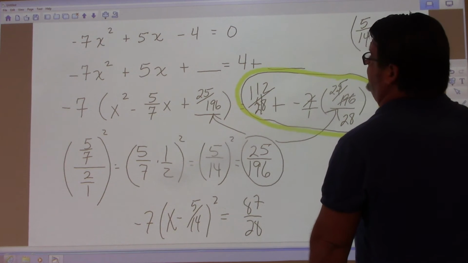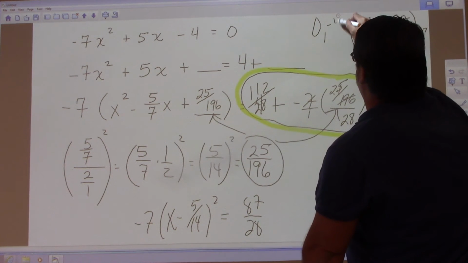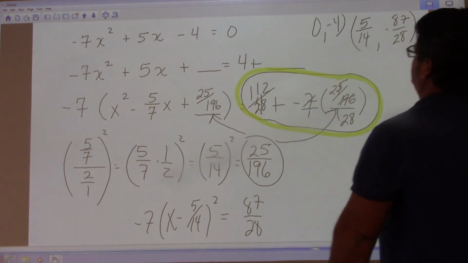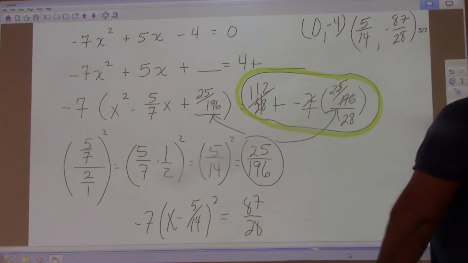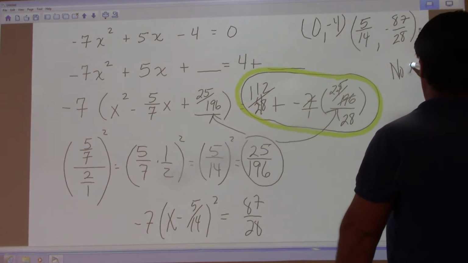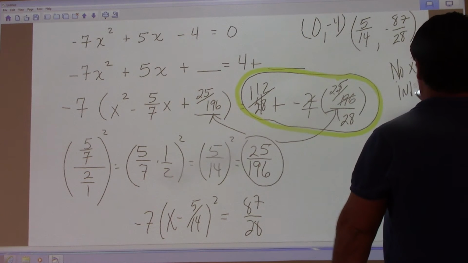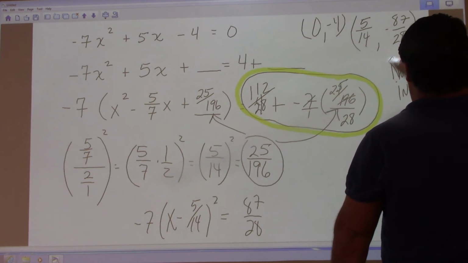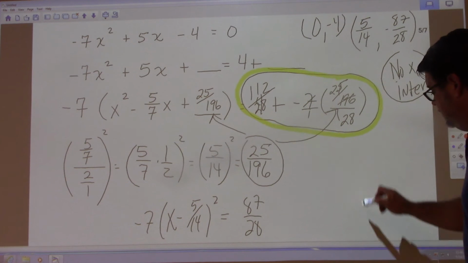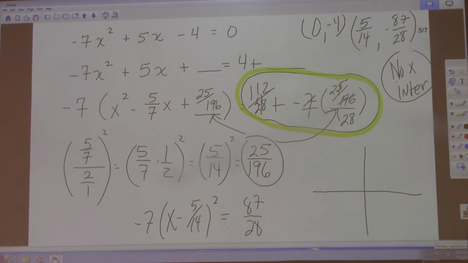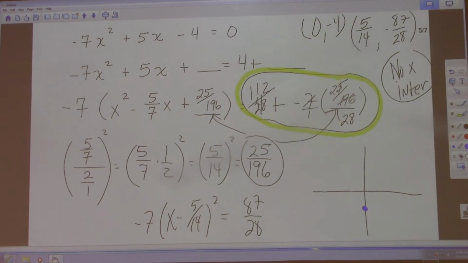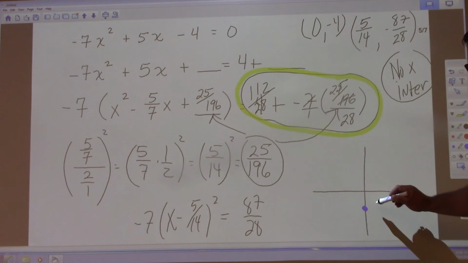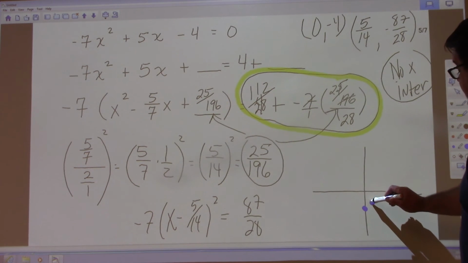That's the vertex. 0, negative 4 is your y-intercept. And we have no x-intercepts. Why? Because there's a negative in the radical. So 0, negative 4. And 1/3 and negative 4 somewhere. Negative 3.